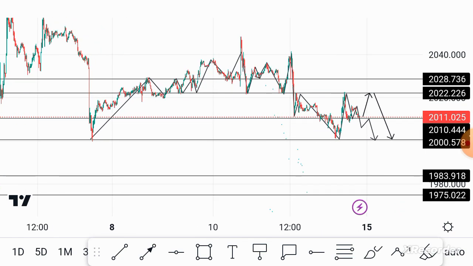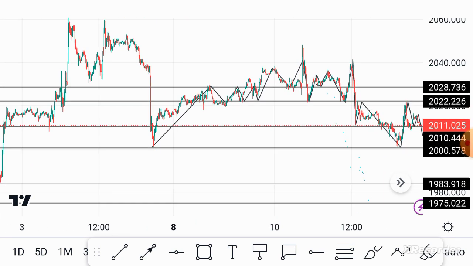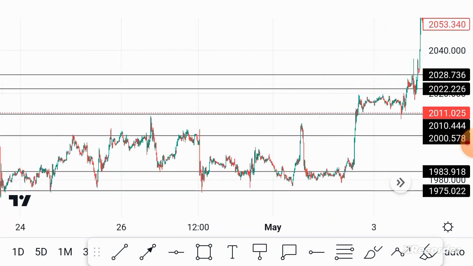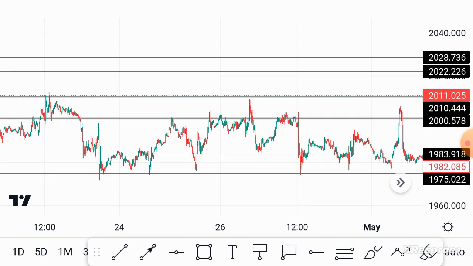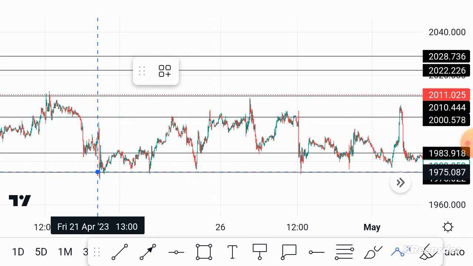Okay, so now I think I've been able to explain what a key level is and how you can mark out your key level zones. So same thing applicable to this very point here. Let me try to explain this very point here. So we have this here.